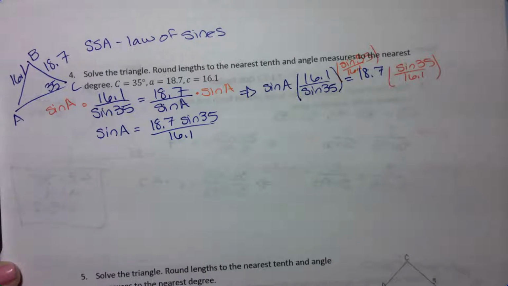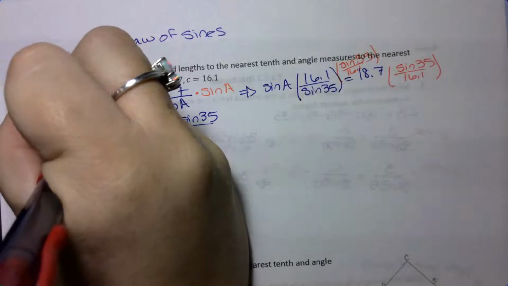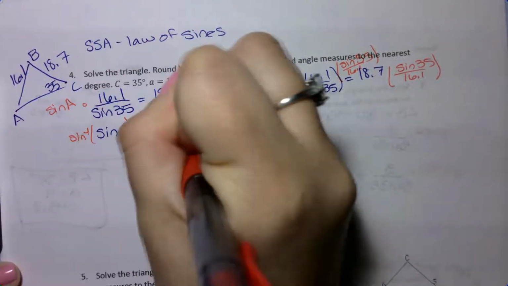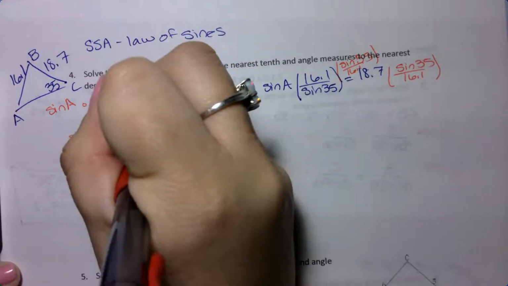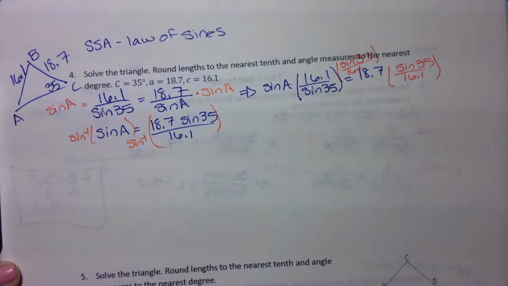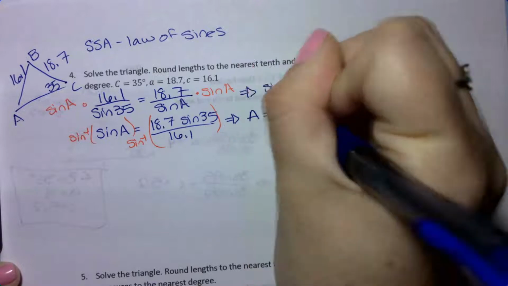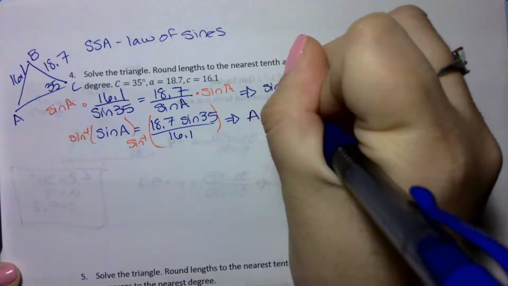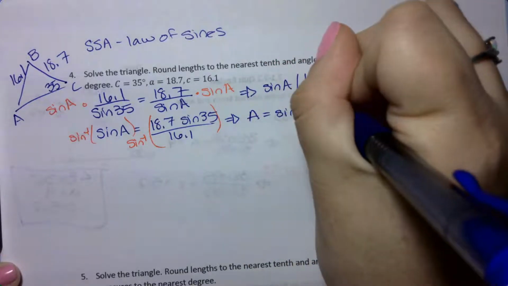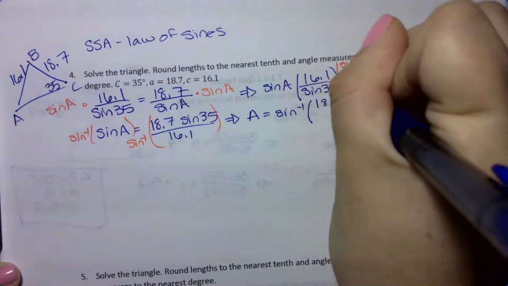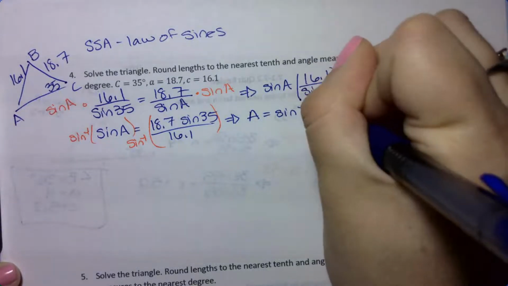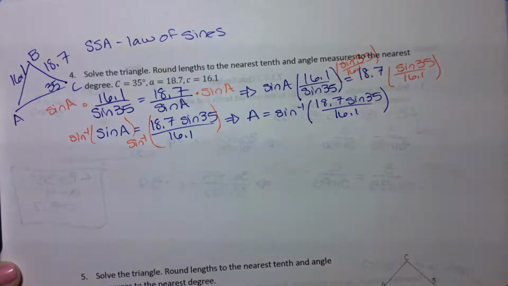Then I need to get rid of the function sine. So I'm going to do the inverse sine. Then I just want to go ahead and rewrite my function. So now I'm just left with A on my left, inverse sine on the right of that whole fraction. So 18.7 sine of 35 over 16.1.